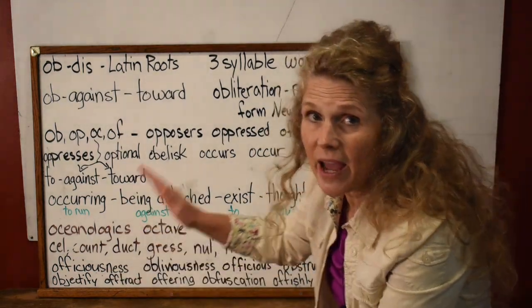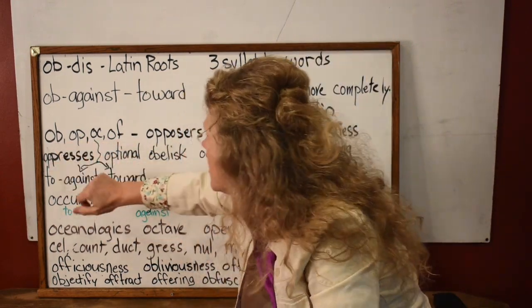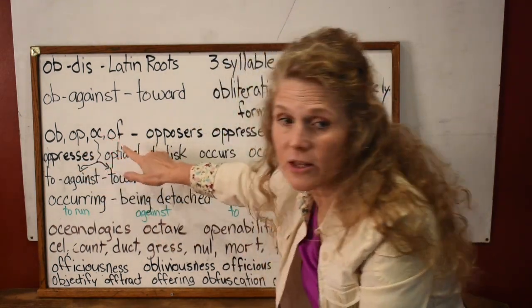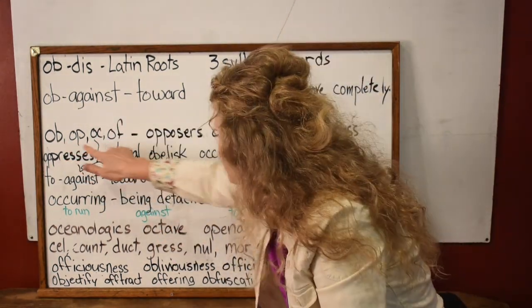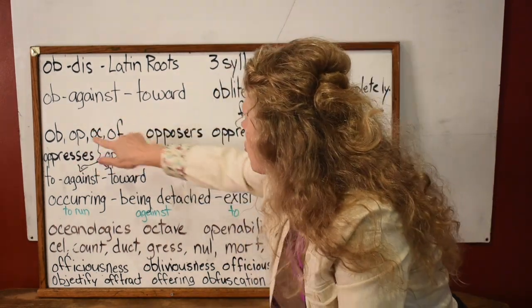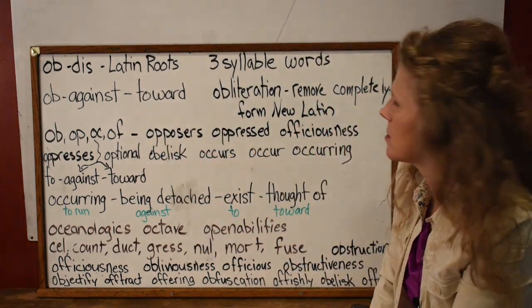All right, so now everything that is in this section, the ob section, is the OB, the OP, the OC, the OF. It's right here. What does it mean? Against or towards, right, Paul? It means against or towards. Now we have opposers.